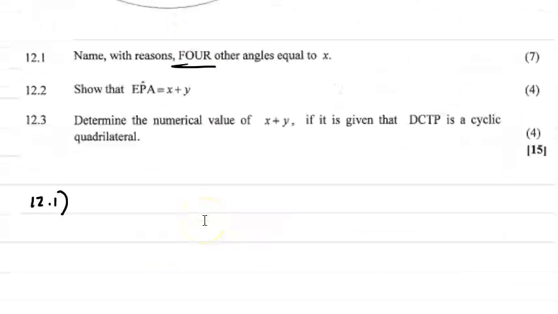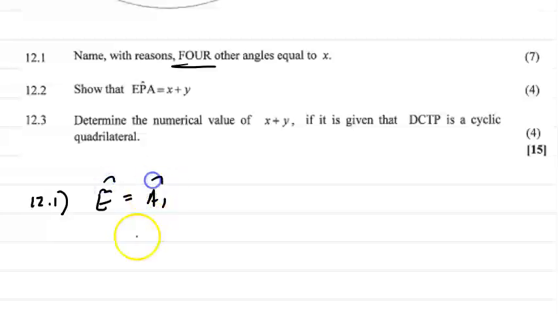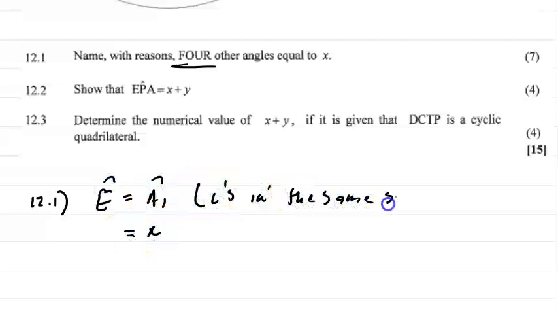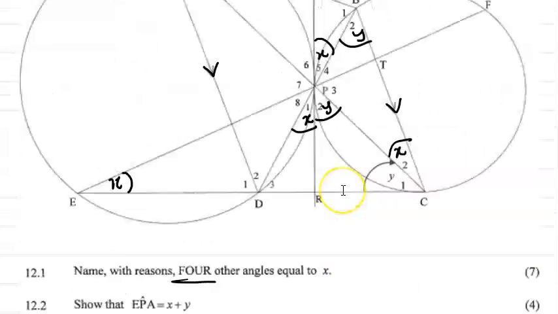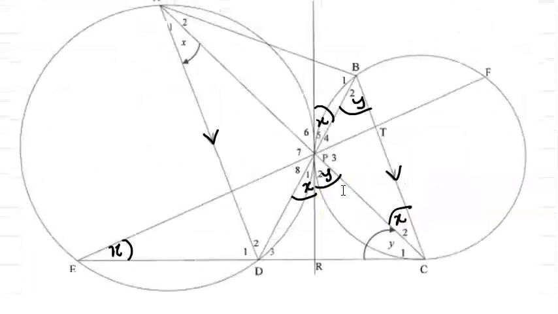Angle E equals A1, which is equal to X. That's going to be angles in the same segment. Then our next one that we wrote down here, well, we've got P1 is equal to E equals X, tan chord theorem.